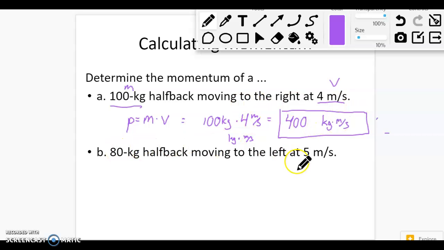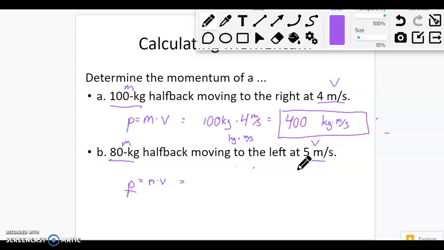For something like this, you find that momentum is mass times velocity. Again, momentum starts with a P. Why it's a P, it's just what they chose. But here they told you the 80 kilogram halfback, so 80 kilograms is our mass. Here's our velocity.